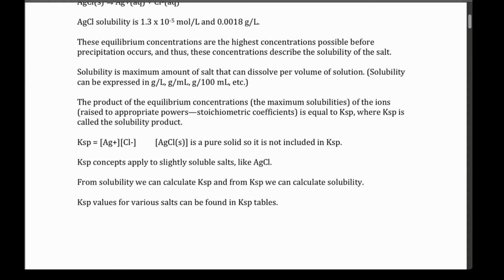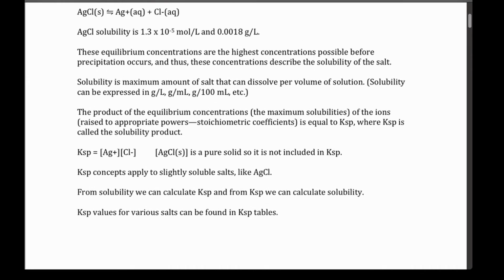So here's our reaction at the top of our page. If we look at that reaction and write the equilibrium expression from it, we would see Ag+ to the first power times Cl- to the first power because of the 1 stoichiometric coefficients. And AgCl is left off because it's a pure solid.